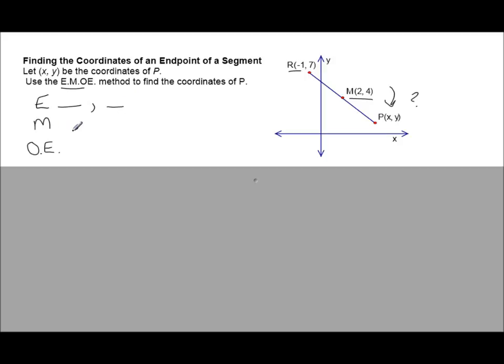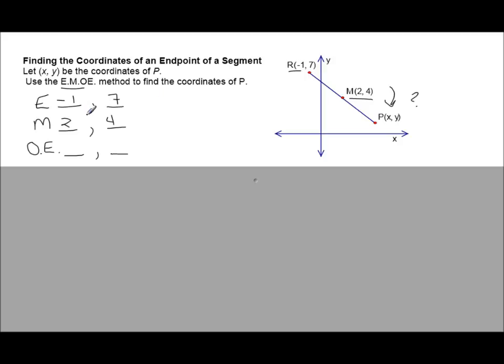So they always give you the endpoint, they always give you the midpoint, and you're looking for the other endpoint. So you list them. Well, this is on the end, so it's going to go right here, -1, 7. This coordinate is in the middle, so it goes in the middle as well.